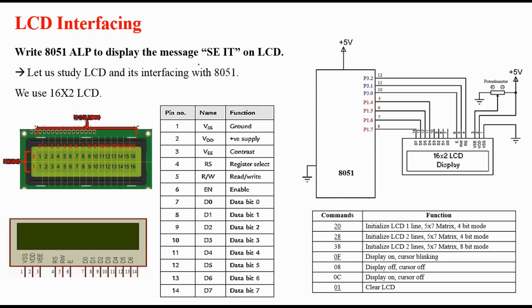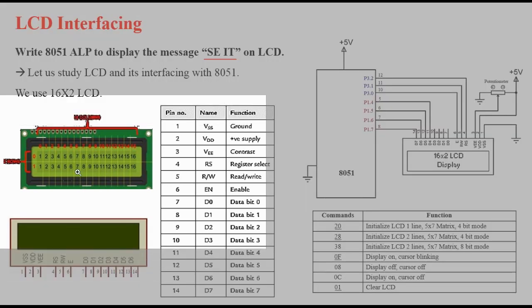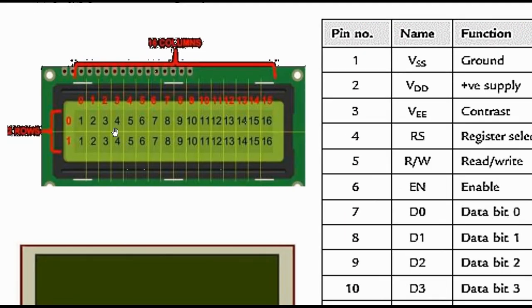Here we are interested to display the message SEIT, SE space IT, on LCD. If you see the LCD, you will observe something like this. There are basically two rows, row number 0 and row number 1, and there are 16 columns. So 0, 1, 2, likewise up to 15.